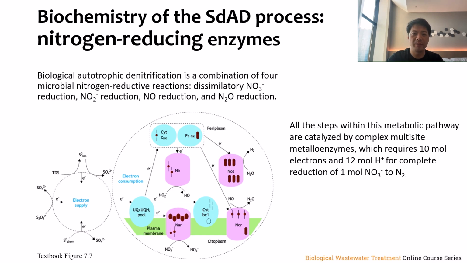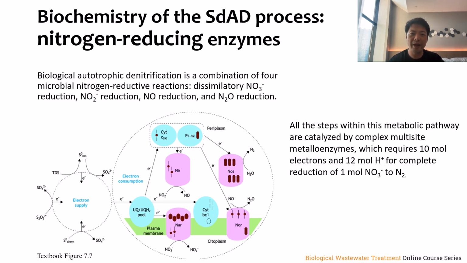The process begins with the reduction of nitrate to nitrite by a molybdenum-containing nitrate reductase, NAR, located either in the cytoplasm, NARGH, or in the periplasm, NAPAB.